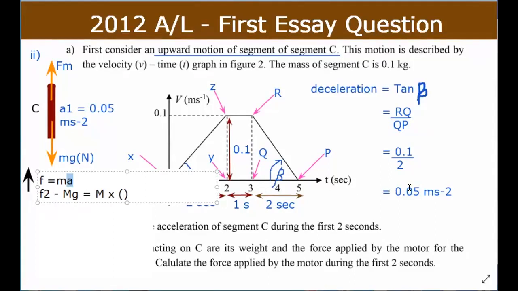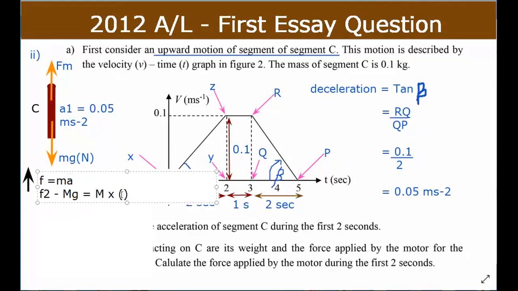So if we use the value of deceleration in the place of an acceleration, we should use a minus sign and we should write 0.05. Why is there this minus sign? Because it's a deceleration.